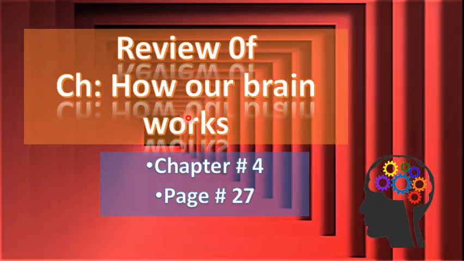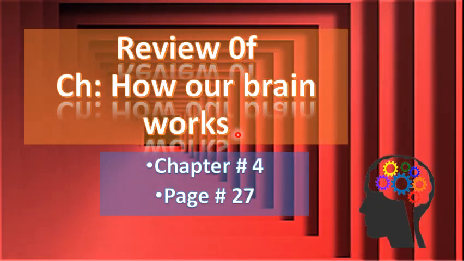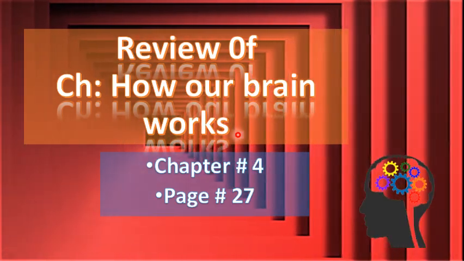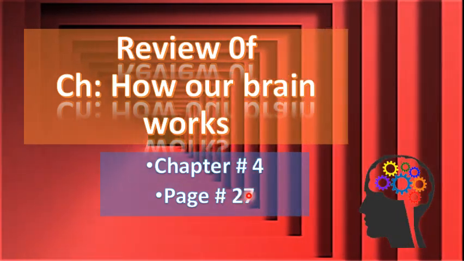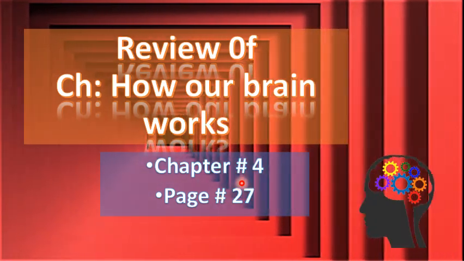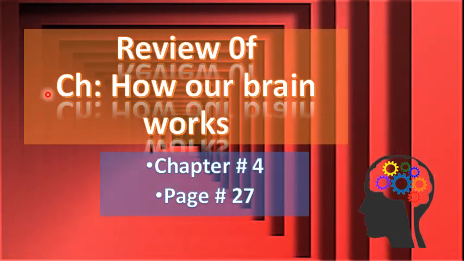This is the chapter which we have already learned in 3 segments. We are going to review some of the important things from this chapter. So this is review 1 of how our brain works. This is chapter number 4 and it is on page number 27 of your science book. It is better for you to open your book and open page number 27. So let's start our review.